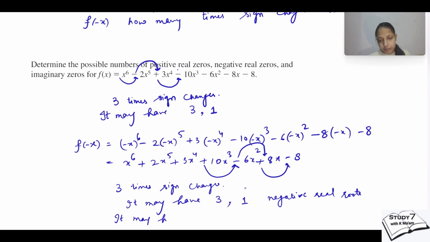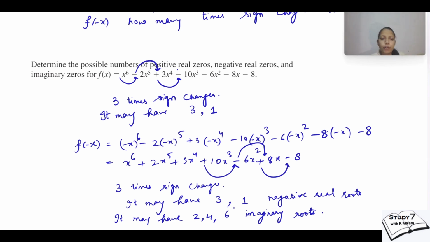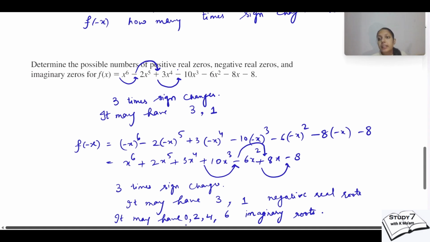It may have 2, 4 or 6 imaginary roots. As I am subtracting 2 each time, 6 minus 2 is 4, 4 minus 2 is 2, and 2 minus 2 is 0. Make sure the total will be 6 roots.